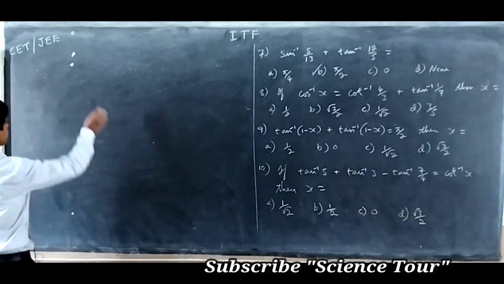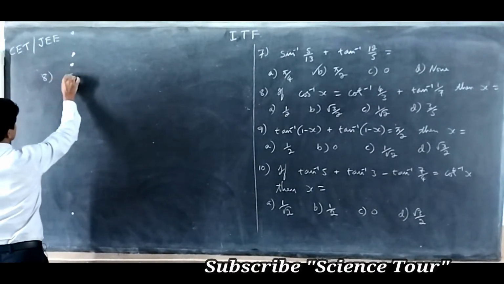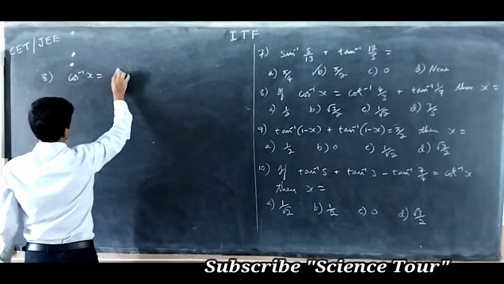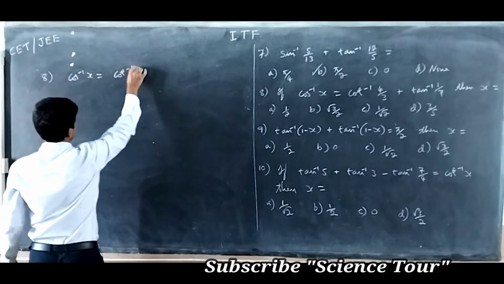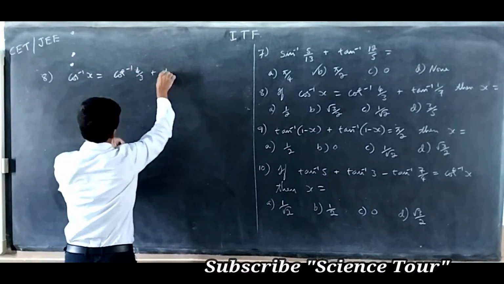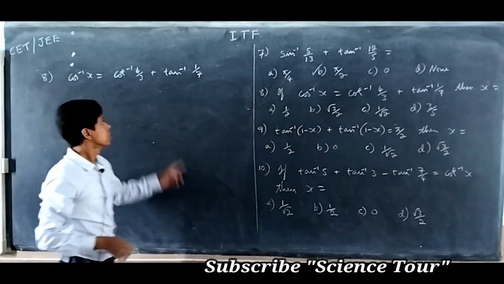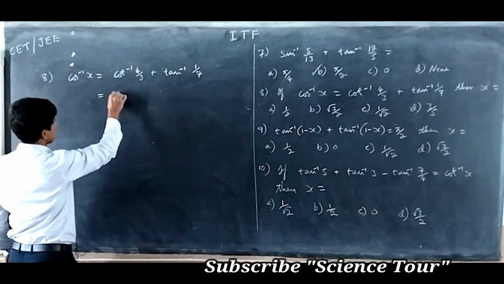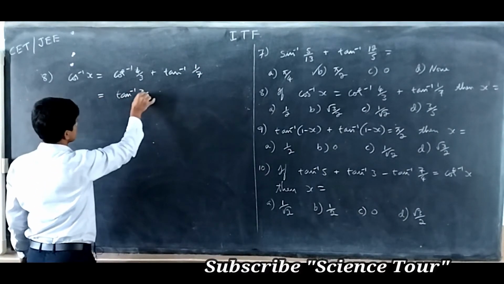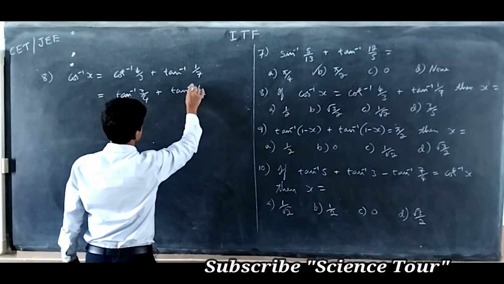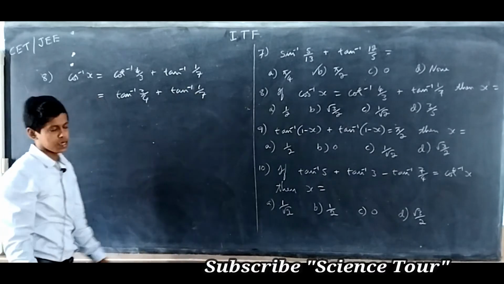So what is cot inverse 4 by 3? Well, cot inverse 4 by 3 can be written as tan inverse 3 by 4, and this is tan inverse 1 by 7, correct?